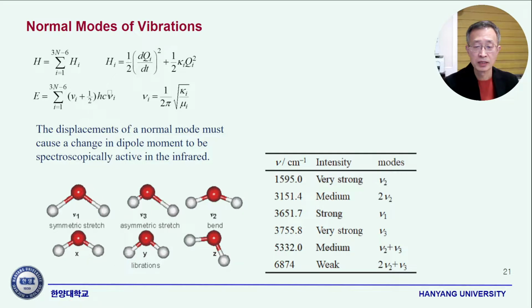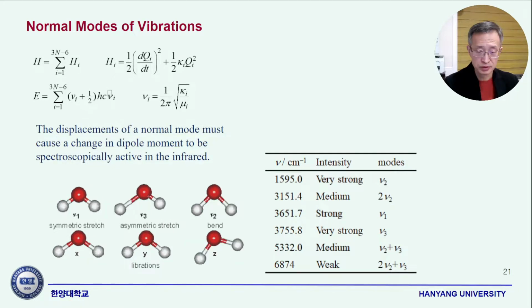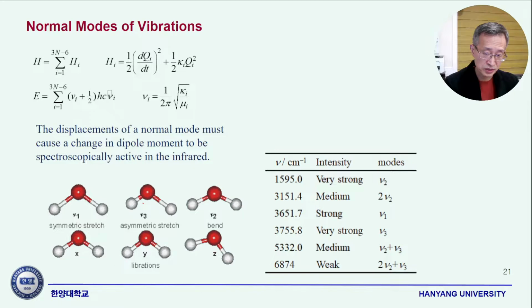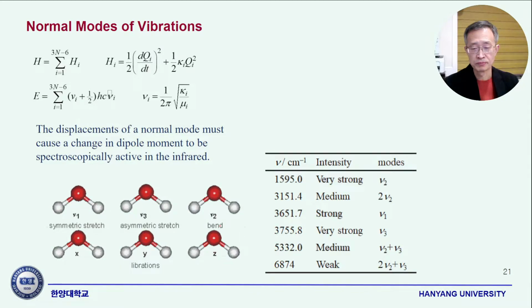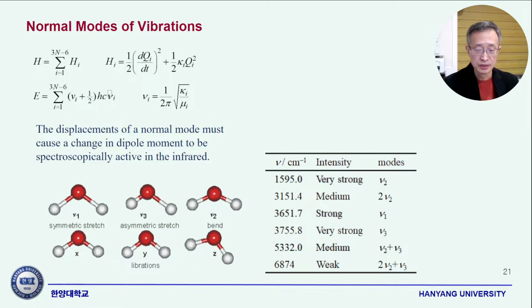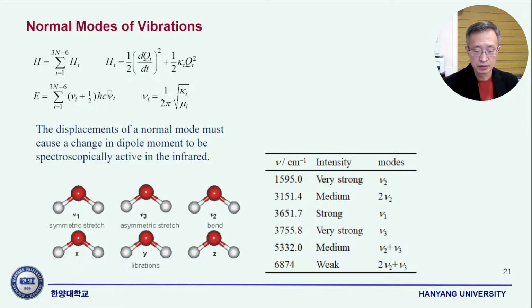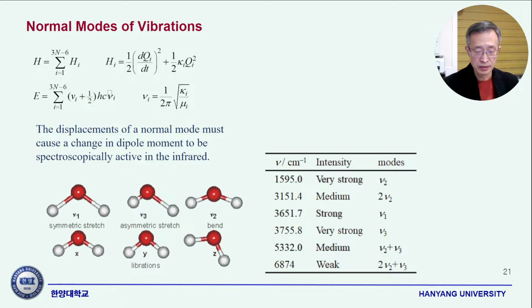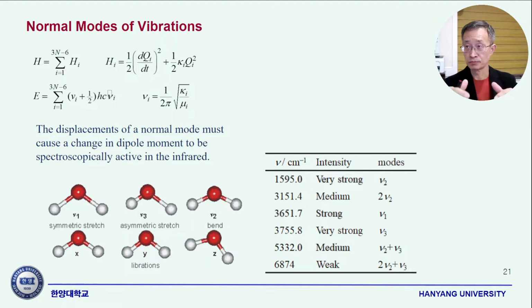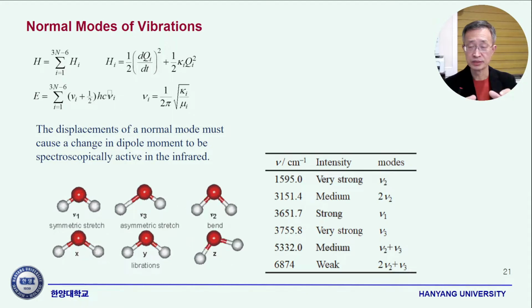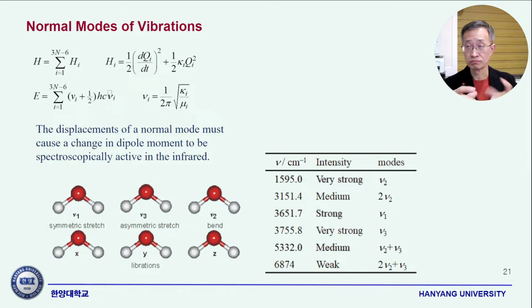And then symmetric bending. These are the normal vibrations. The other 3 under it are librations. It's not really vibration. It's a kind of rocking motion within a cage of other molecules.